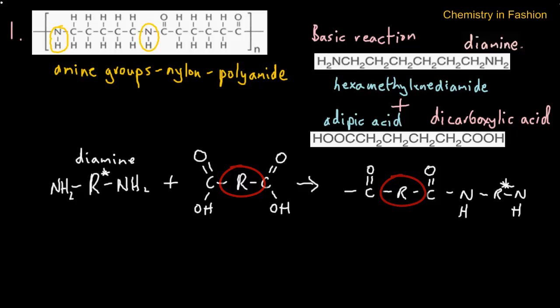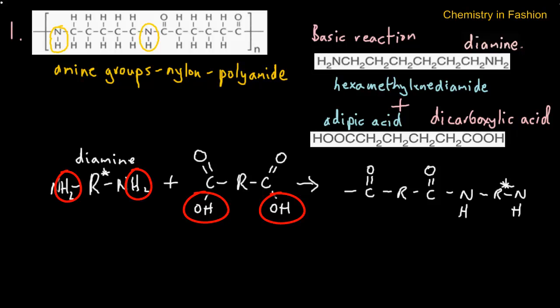So, as we say, we've got the diamine, the dicarboxylic acid, and if you look closely at what's been happening, you can see that we need some water to come off. Let's have a look, see if we can find that. We've got here OH, we've got here OH, and from the amine groups we've got 2 H's.